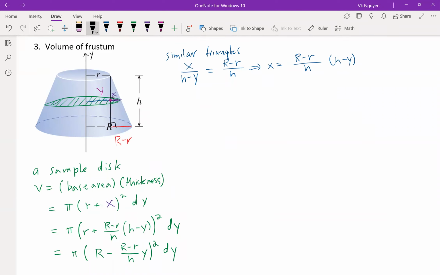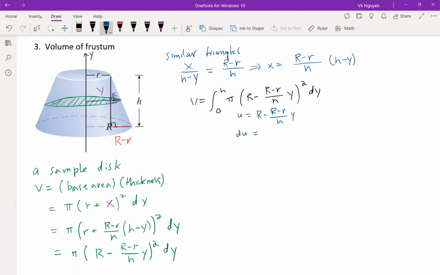Now the volume of the frustum is going to be the integral from 0 to h of pi times the bigger r minus the bigger r minus the smaller r over h times y, square, dy. Use the u sub. u equals the bigger r minus the bigger r minus the smaller r over h y.